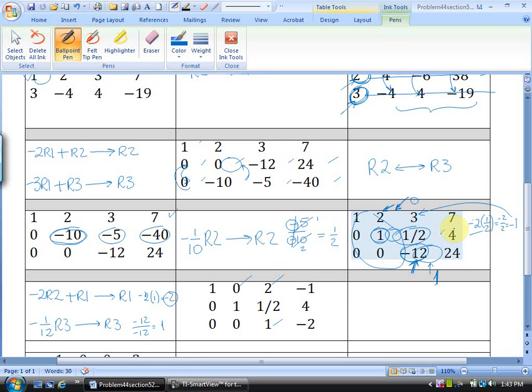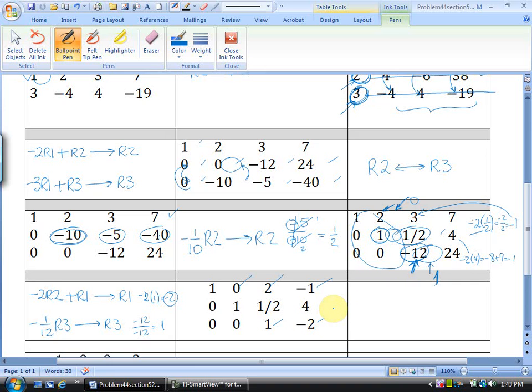Okay, so I now have this case, it will be minus 2 times the 4, gives me minus 8. I add it to the 7, I get a minus 1. And here it is. Now, on the last row, we're just dividing by minus 12, so I get a positive 1. And I have a 24 divided by minus 12, I have a minus 2.